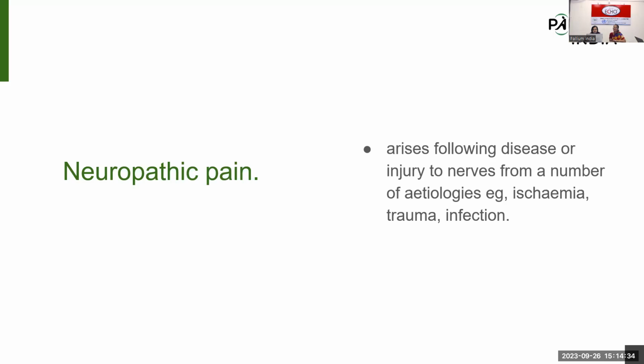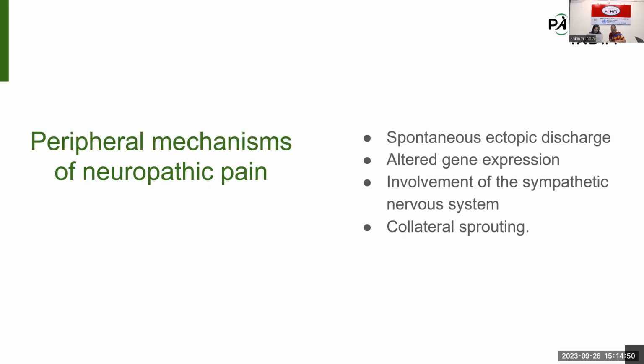So the etiology could be very varied. And the modulations we have seen before are the same for neuropathic pain also. I think the next slide will be that. These are all what we have seen. The other thing is that there could be some altered gene expression also. And all the rest, what we have mentioned before, is what is mentioned in this slide. Next one.